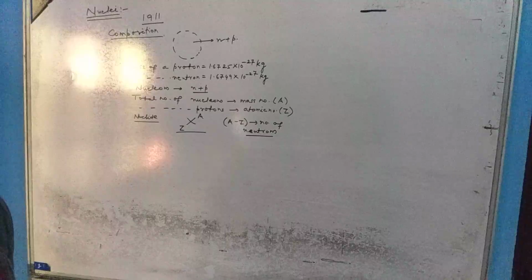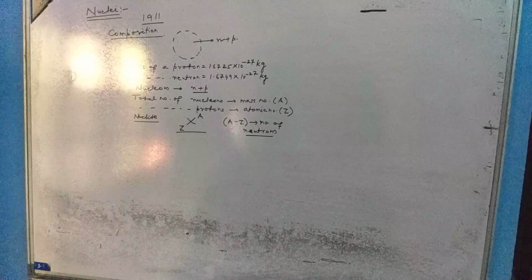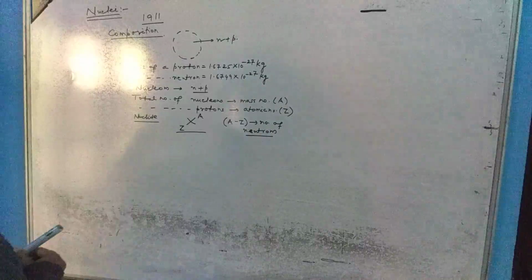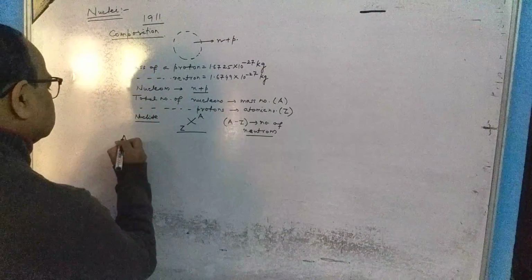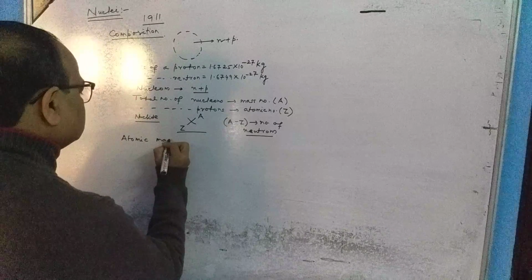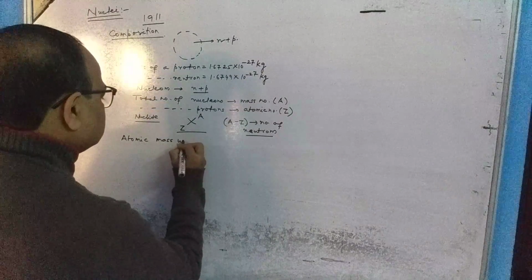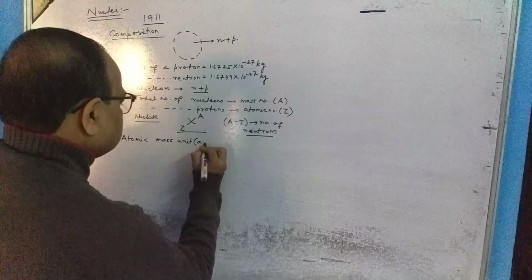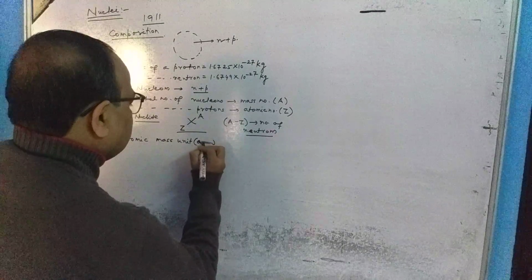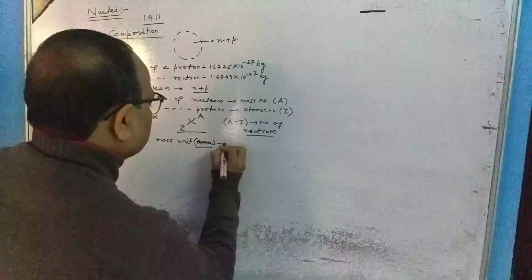These are very fundamental things I am discussing. In this context, I want to discuss a term I think you must be knowing. It is the atomic mass unit, AMU. What is this?